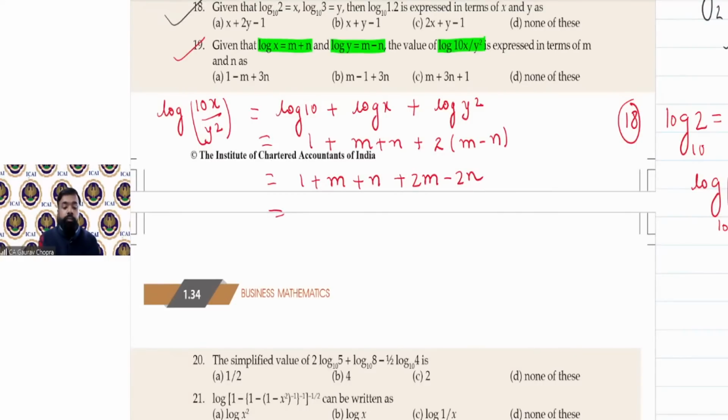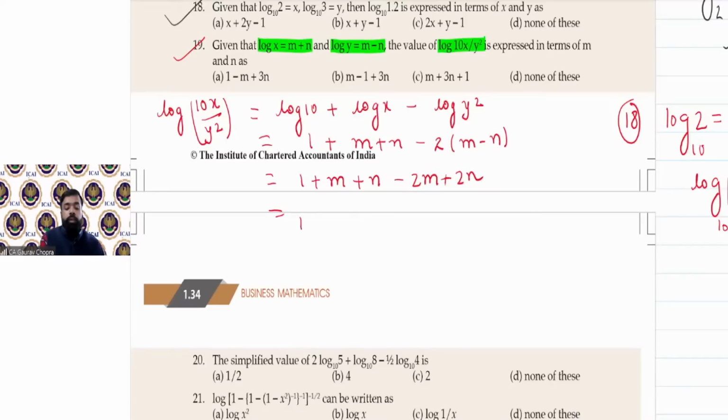So finally, the result will be 1 plus m plus n minus 2 times m minus n. There was a negative sign here, so you have to change the sign. So it will become negative and this will become positive. So the sign is getting changed.